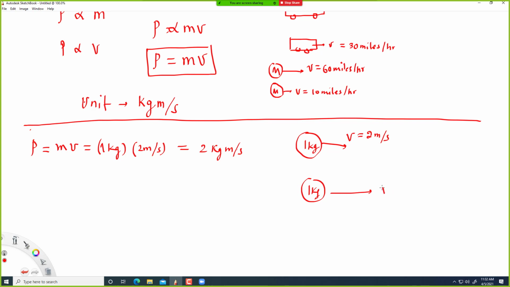Let's say you want to change the speed to 3 meters per second. This is the initial momentum, that's the final momentum. 1 kilogram times 3 meters per second is 3 kilogram meters per second. So we want to change from 2 kilogram meters per second to 3, and you said that you need some kind of force to do that.